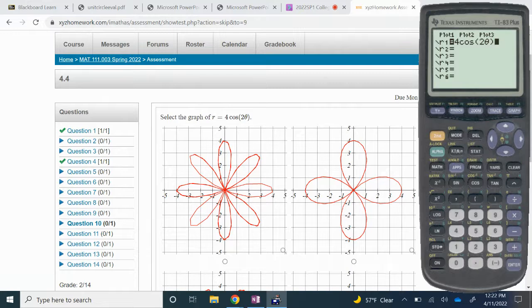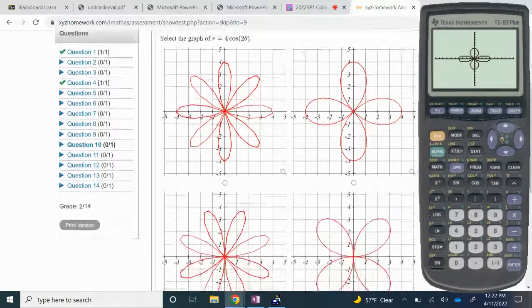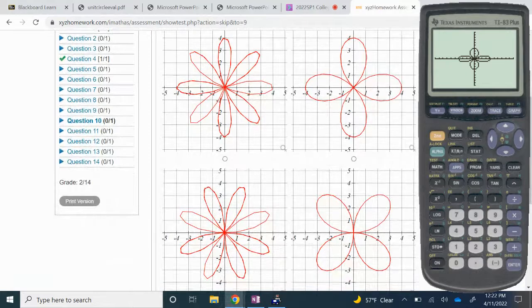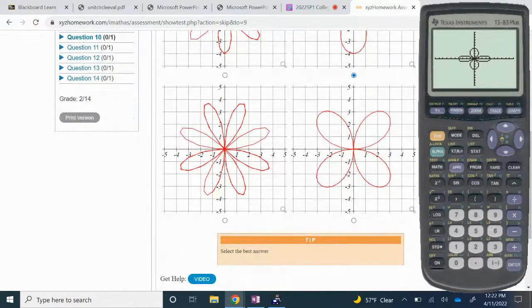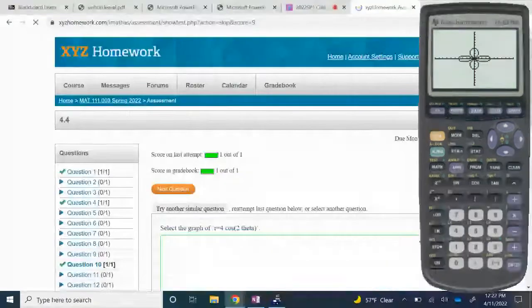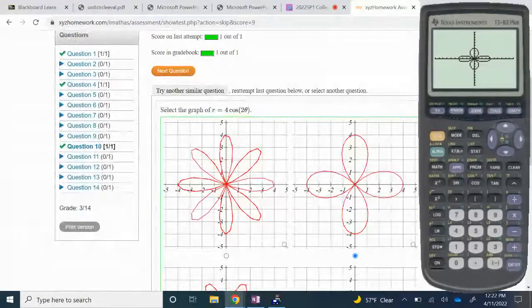I want to hit zoom 6, which is zoom standard. And I believe we should have that as the right answer choice. All right, and that is called a rose curve.